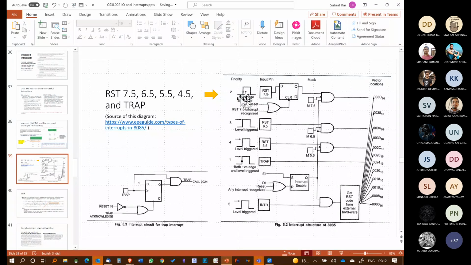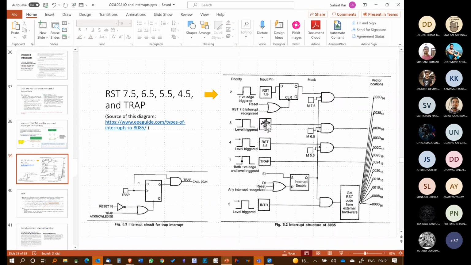So it's positive edge triggered. There's a restart 7.5. It goes into a D flip flop. So at the next clock, once you say that it is going to affect this queue, and suppose you have not masked the 7.5, then you will get this interrupt high and you will go to 3C16. So 3C in hex.